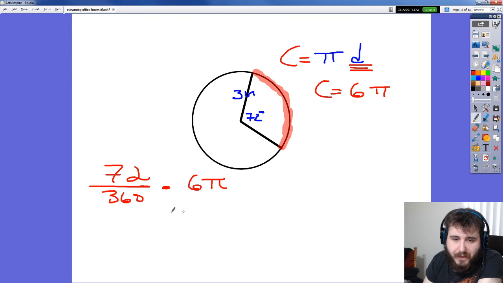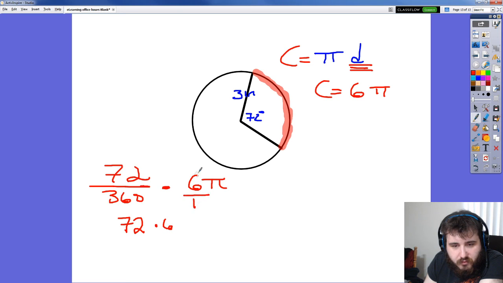And then all that remains to be done is to simplify this fraction. Now, me personally, when I do this, I would much rather just simplify the fraction in parts. What do I mean by that? I know I've got 72 and 6 on top, because that's a whole number in the numerator, and then the 360 on bottom.